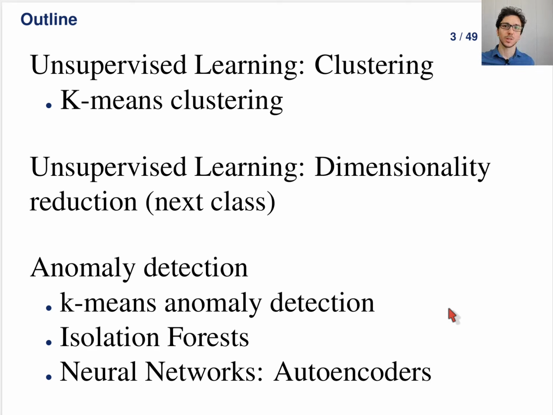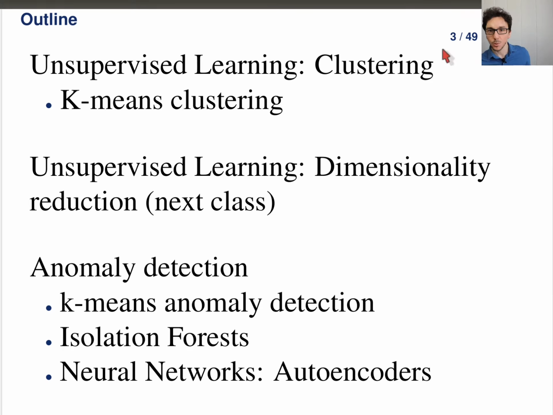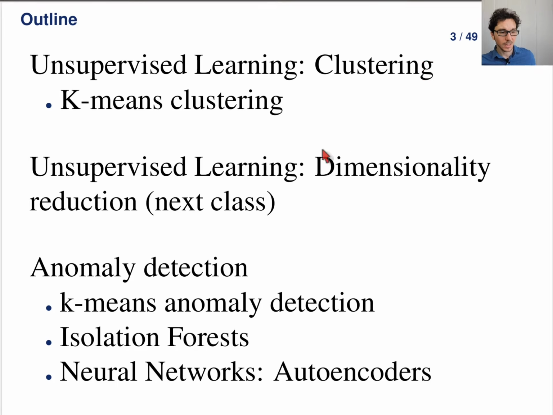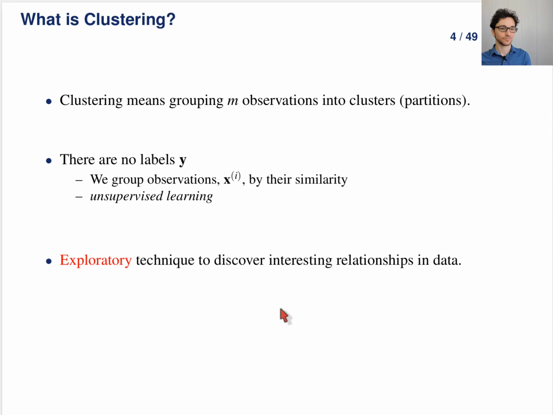So we could try to understand which samples are outliers, because they can be anomalies or defects or errors. This technique is called anomaly detection. So today we will see clustering and anomaly detection. In one next class we will also see dimensionality reduction. So let's start with clustering.